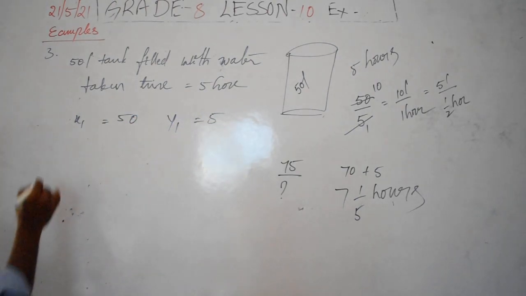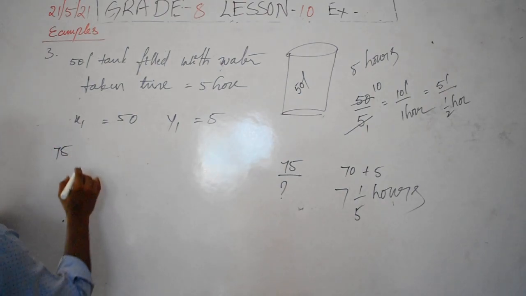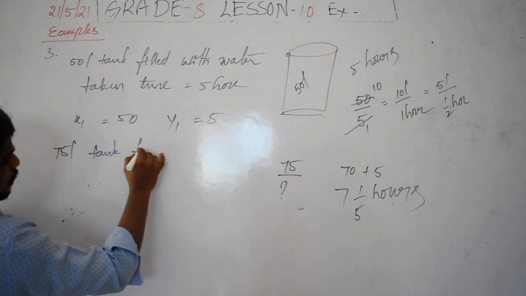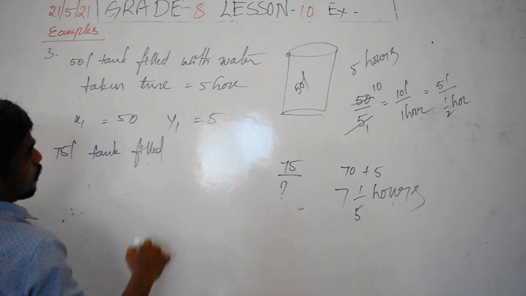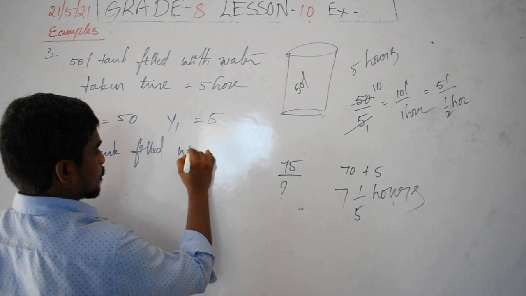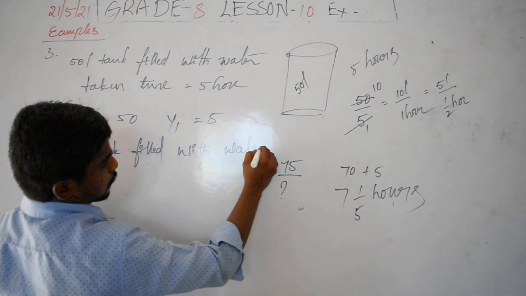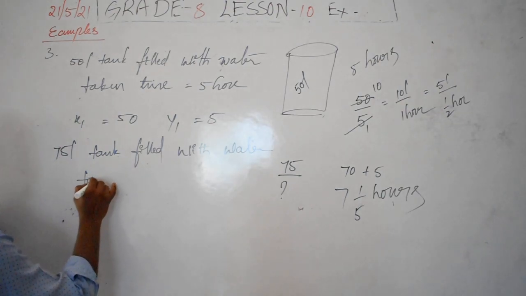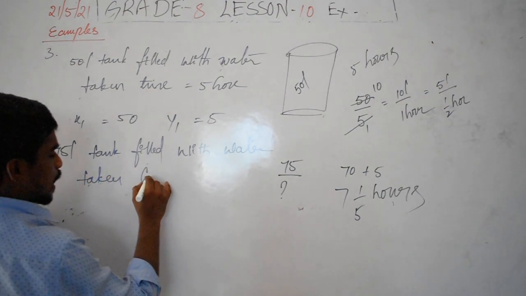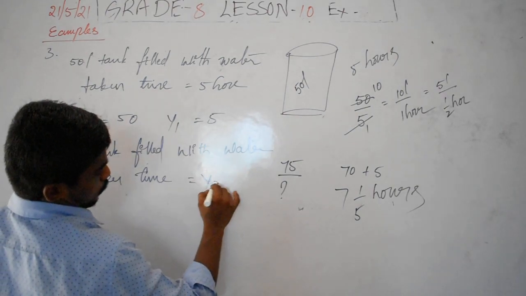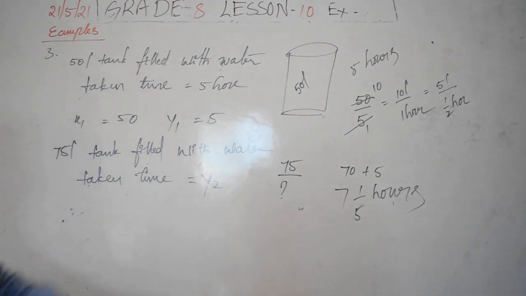Next, a 75 liters tank filled with water, and the time taken is the y2 quantity.